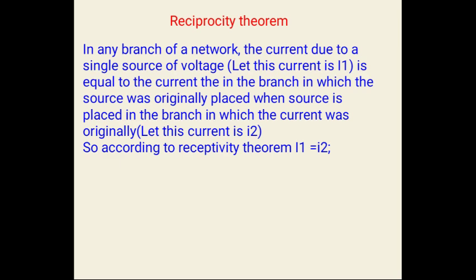Let this current be I1. Now in the second case, we place the voltage source in that branch in which the current was found, and we find the current in the branch in which the source was originally placed. Let this current be I2. So according to the reciprocity theorem, I1 should be equal to I2.